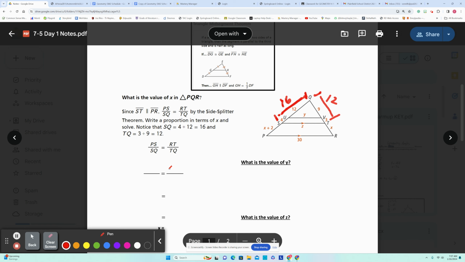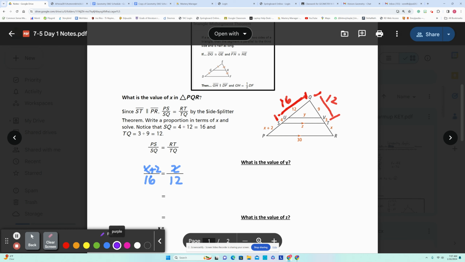Now we just need to substitute in these parts. P to S is x plus 2. S to Q, we found out, is 16. R to T is x. And T to Q is 12.